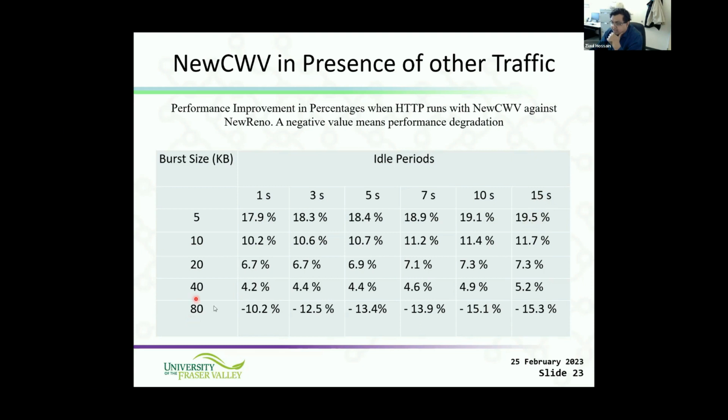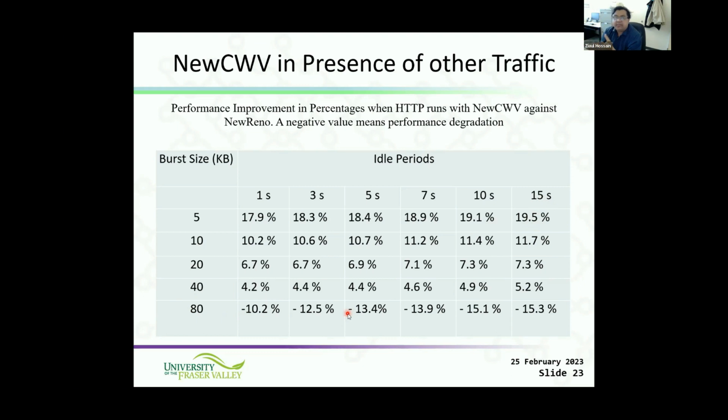But for larger burst size, actually it is negative. That means newCWV actually performs worse in case there is a lot of traffic downloading a file. So we found this problem, and as we mentioned, we also found the solution.